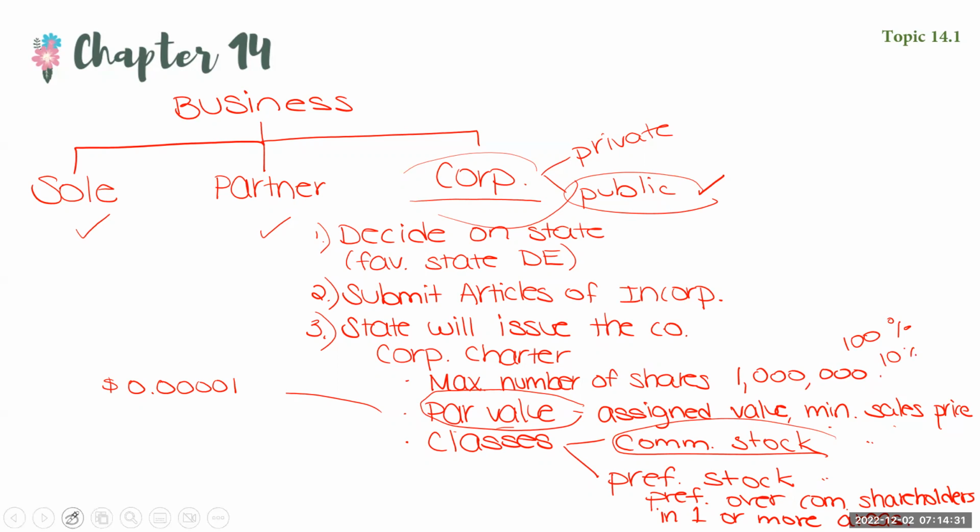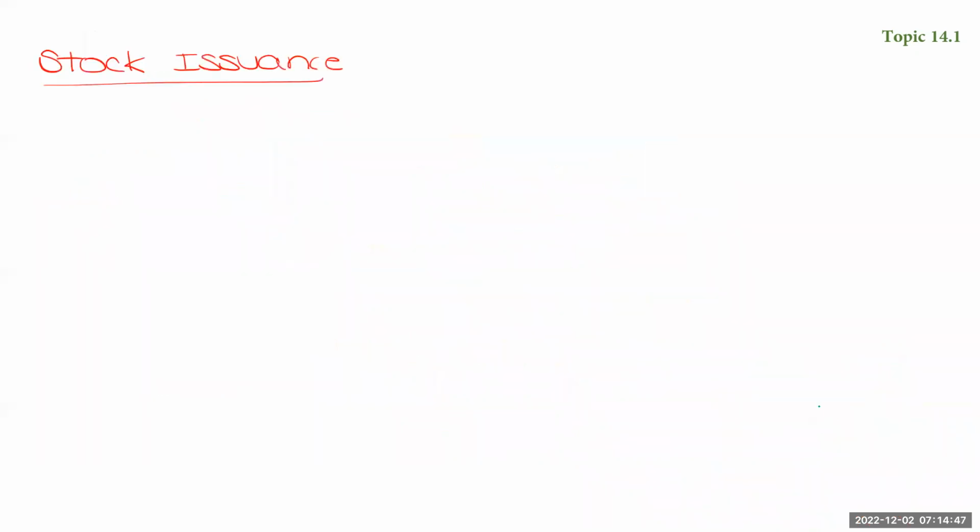And let's say the charter tells us we have 1 million shares. Let's say that the par value is 50 cents in our example, and we're going to stick with common stock. Okay, so that's our example for this one.